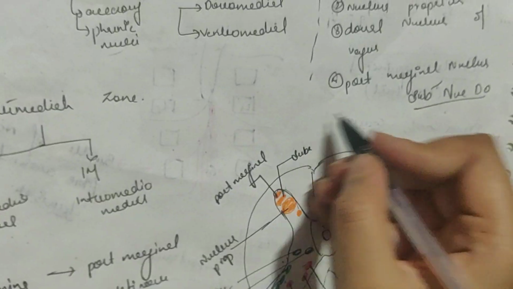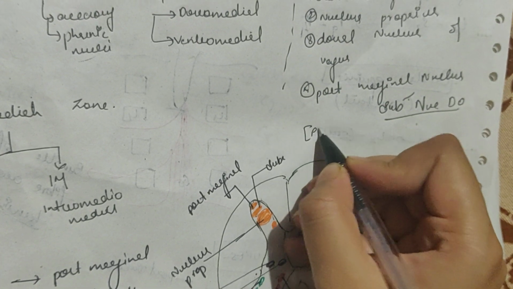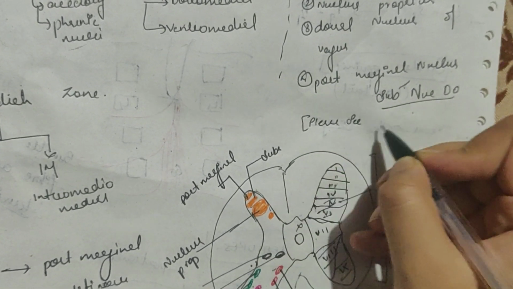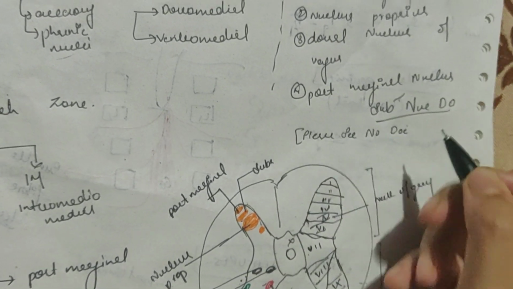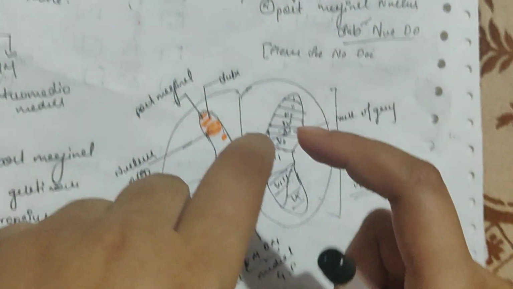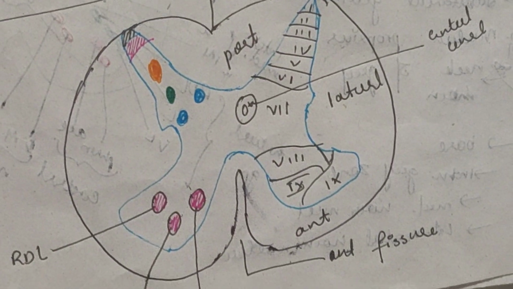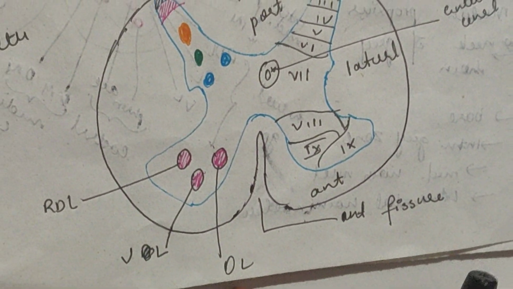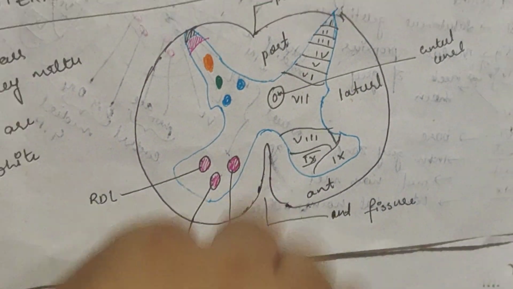An easy abbreviation for the dorsal gray column is, please see no doctors. And one simple thing you need to know is that whatever is there in the dorsal gray column, only the nuclei, pass only through the gray matter, and all the tracts are present in the white matter.